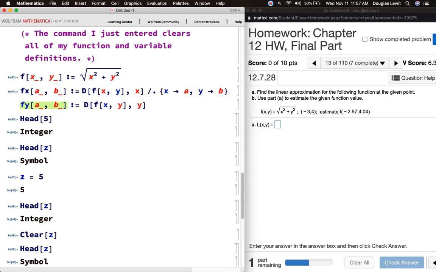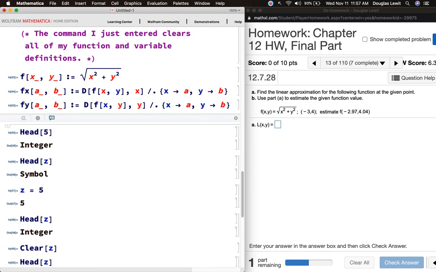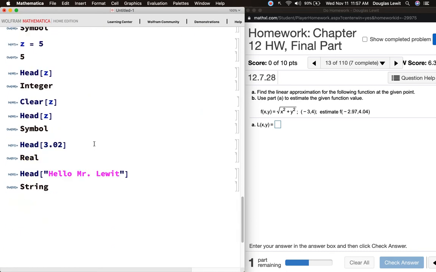Okay, so I'm differentiating with respect to y. A takes the place of x. B takes the place of y. Okay, sensational.